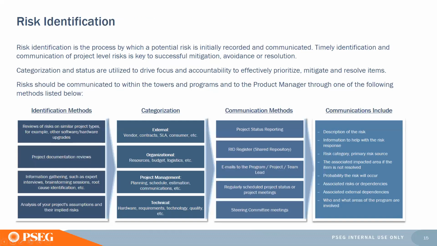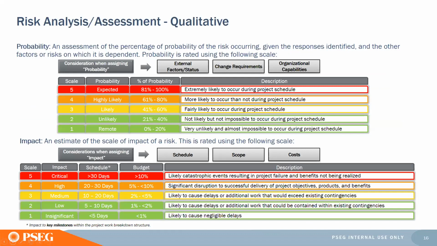Let me skip a slide, yes. So here is your real application of qualitative risk assessment. You have an aspect here of considering probability. And probability is how likely is it that, what's the percentage of probability that the risk will occur?